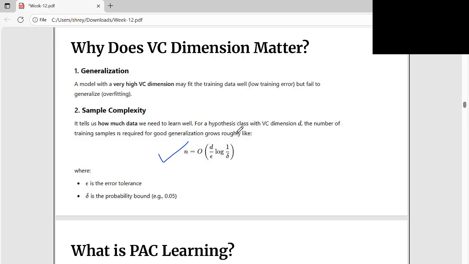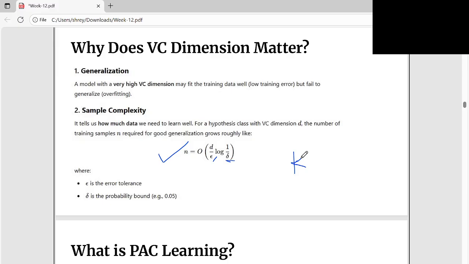Here we are calculating with the help of VC dimension. Epsilon is the same error tolerance and delta is the probability bound, the failure probability. It is the same. But now the VC dimension is used in place of K. So if you don't know how many hypotheses there are, then you can use this VC dimension to calculate the complexity of N.